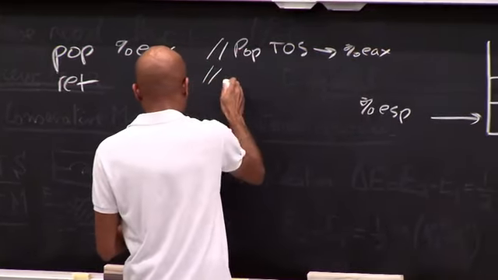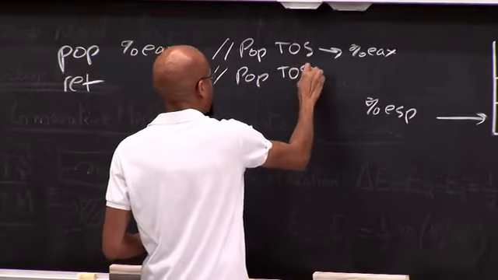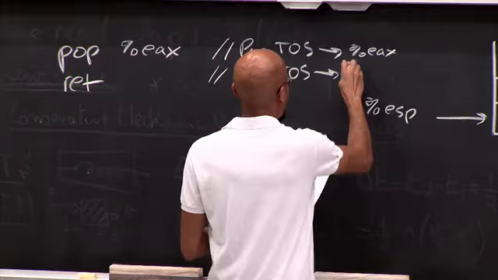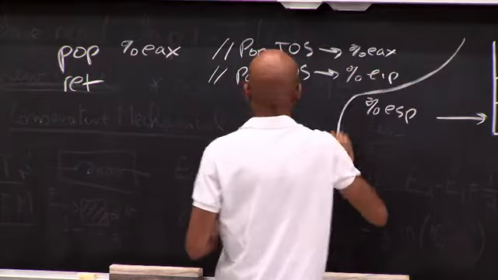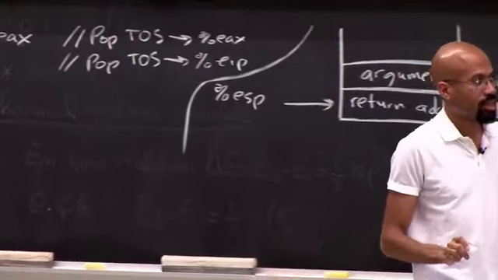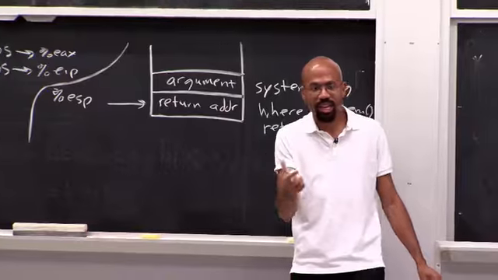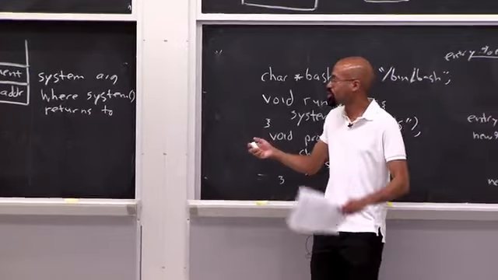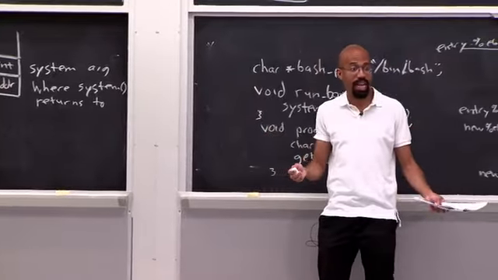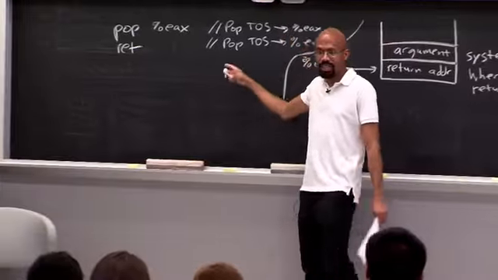And what is the ret instruction going to do? It pops the top of the stack and puts it into EIP, the instruction pointer. So this is what's known as a gadget. This is a small set of assembly instructions that the attacker can use to build these larger, more grandiose attacks.